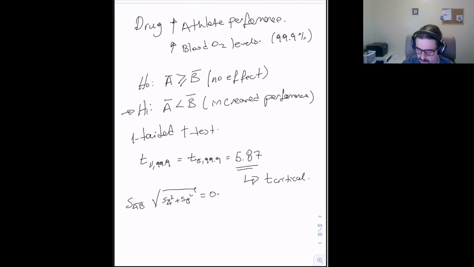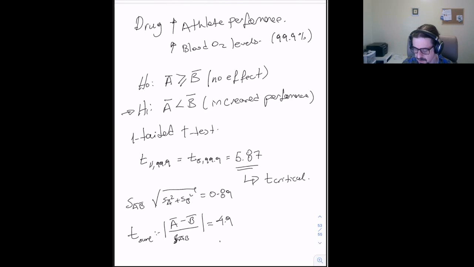It's going to get you 0.89 if you do that math, and then the t-score is A mean minus B mean divided by the S AB, and that's basically 4.9.